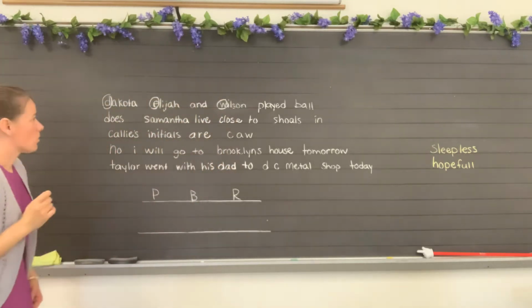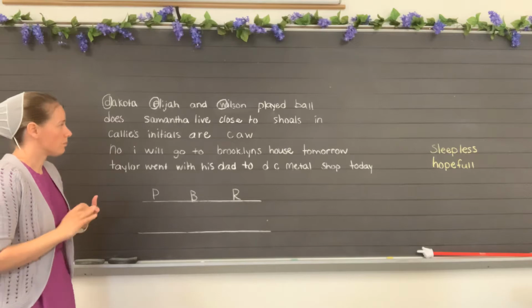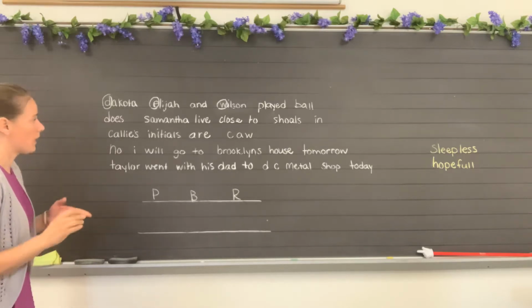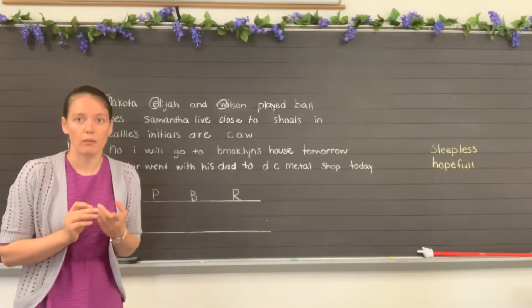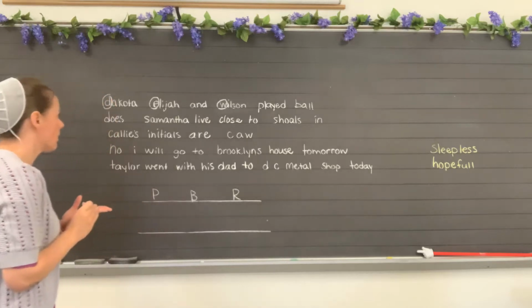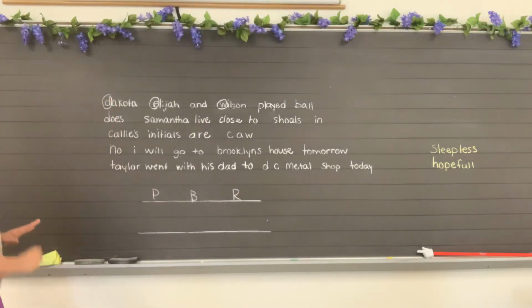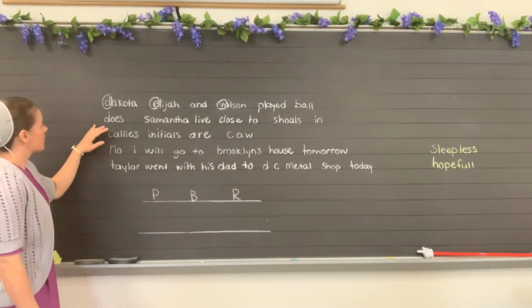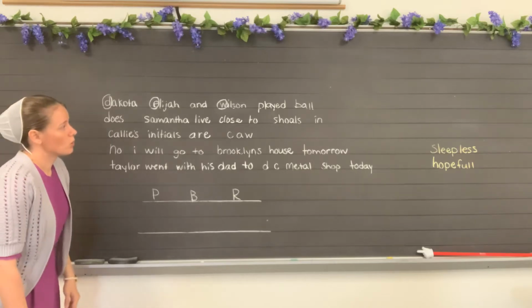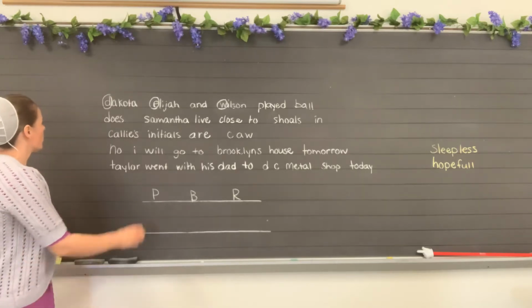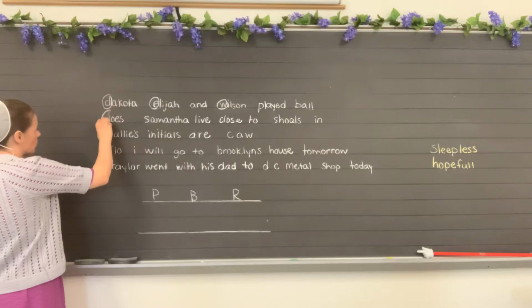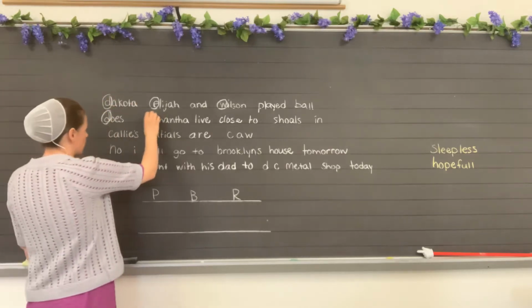Okay, so now let's just do capitalization first, and then we'll come back and do the punctuation. The next sentence says, Does Samantha live close to Shoals, Indiana? So the first word always gets capitalized.